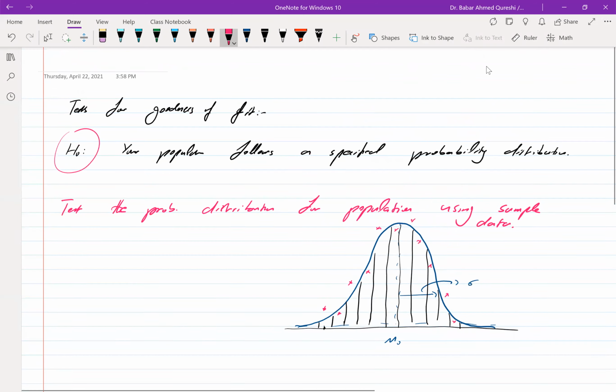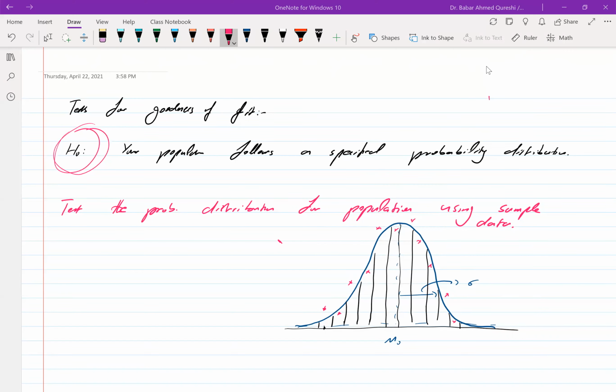So in this sense, we are going to do tests for goodness of fit, that is, how closely our assumed probability distribution approximates what we got in the data. So in other words, we are assuming something, and using the data, we see how close we are to the assumed probability distribution, and do some statistical tests.